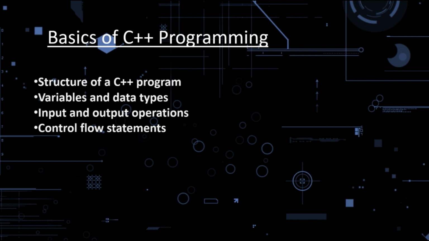Input and output operations are the set of commands that perform input and output according to the instructions provided through the code. Control flow statements help us give instructions through our code to the program in order to get the flow of the statements or instructions in the way we want, like if, else, etc.